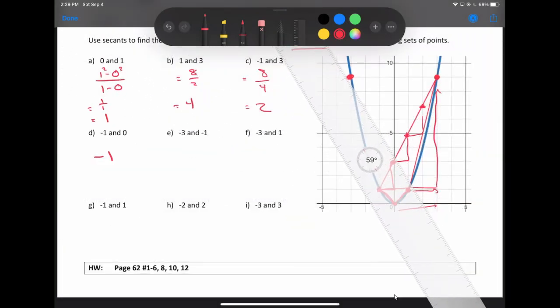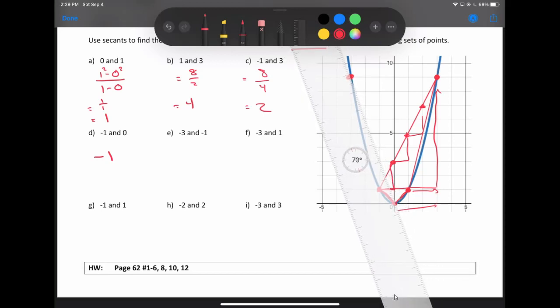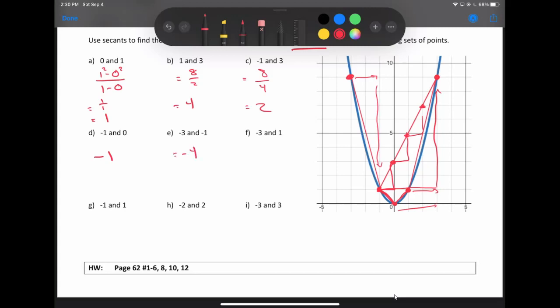It's almost too time consuming to bother. But proper is proper. And from there we went over 2, down 8. So negative 8 over 2 is negative 4.